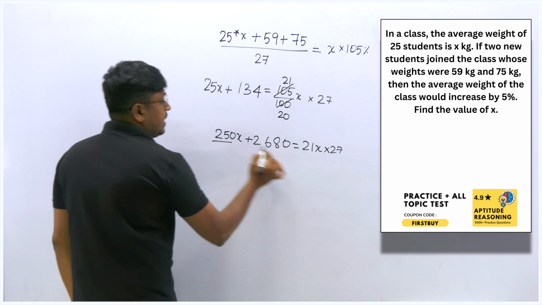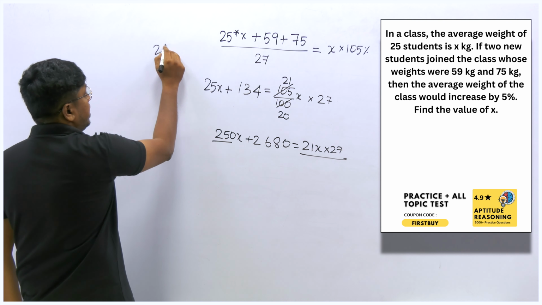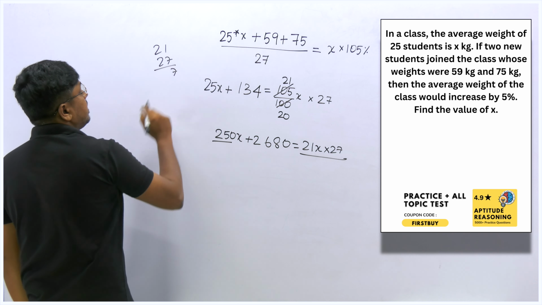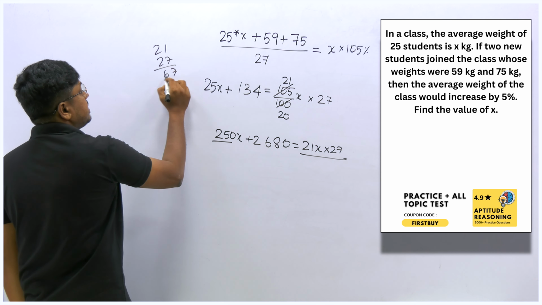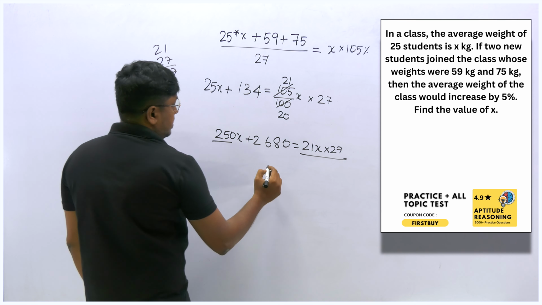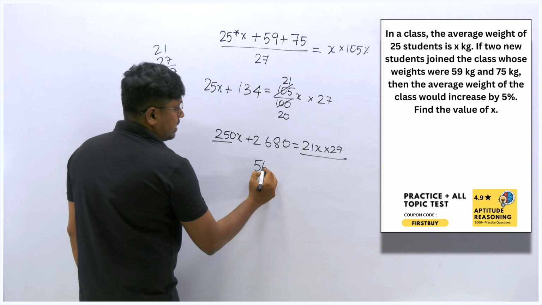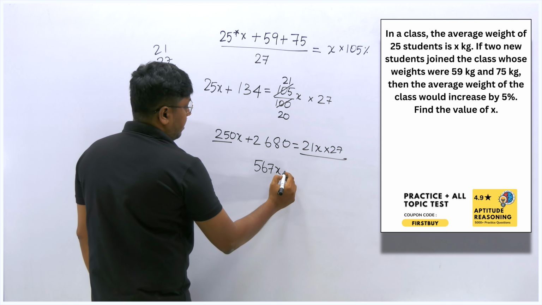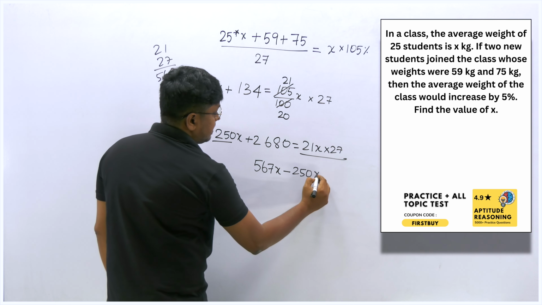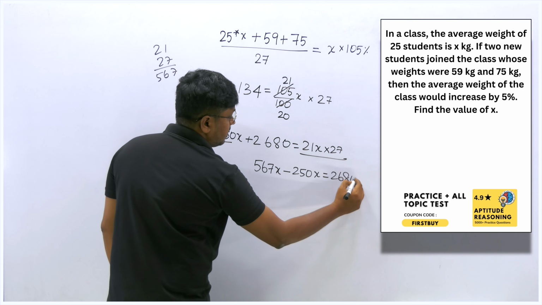So now 21 into 27 is 567. So 567x minus 500x is equal to 2680.